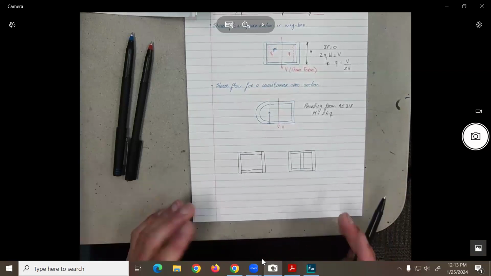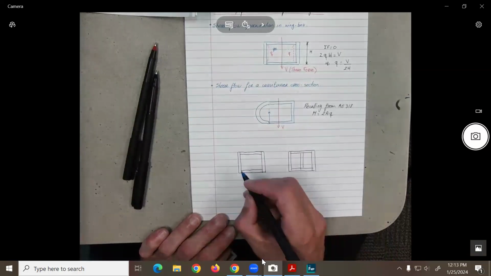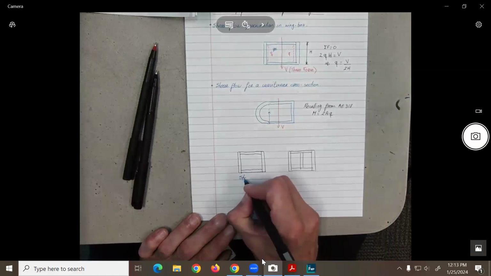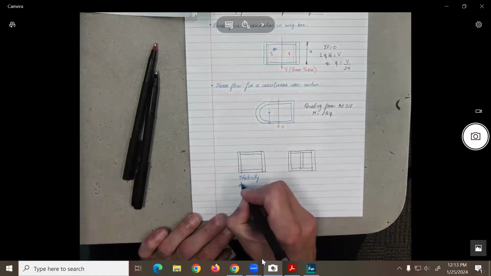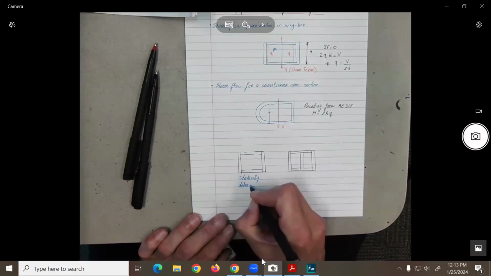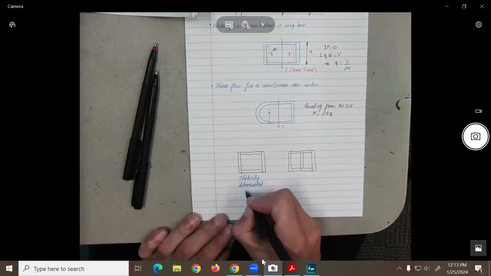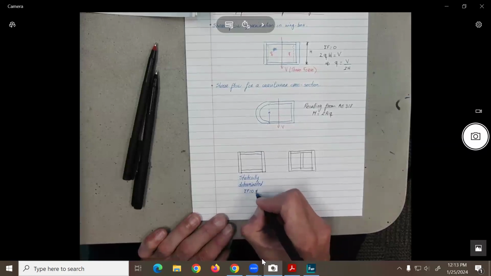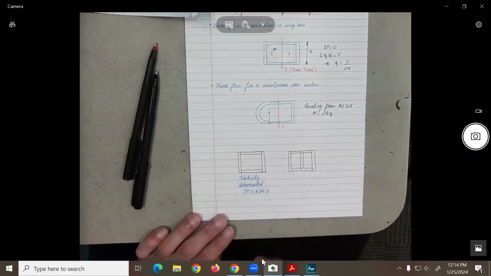No different style, nothing to do with stable or unstable. But the biggest difference here is that this one will be statically determinate, so summation of forces equal to 0 and summation of moments equal to 0 are sufficient in order to solve this problem.